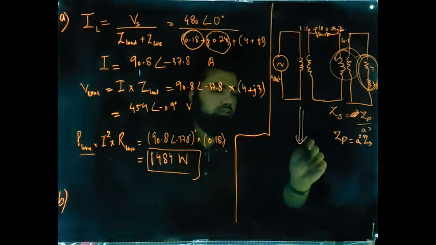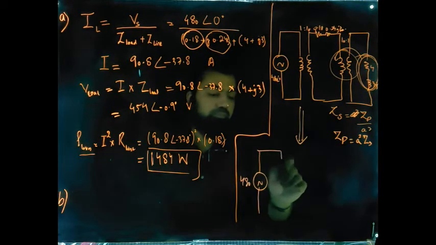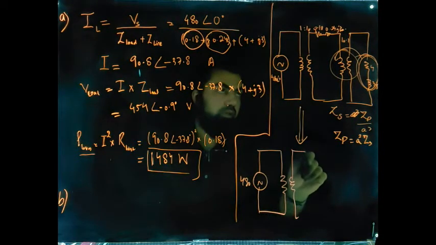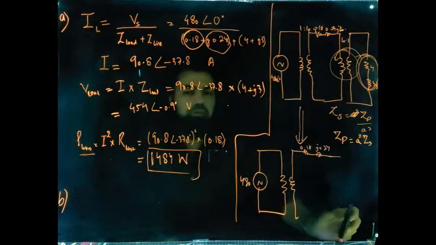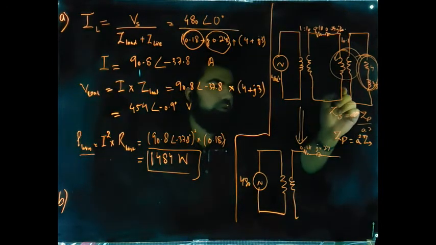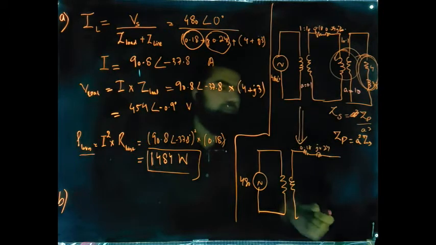So this circuit will then become: this transformer is as it is. We have 0.18, we have j 0.24. Then you have a transformer that is having a transformation ratio of 10:1. That means A for this transformer is 10. A for the first transformer is 0.1, that's actually 1 by 10.